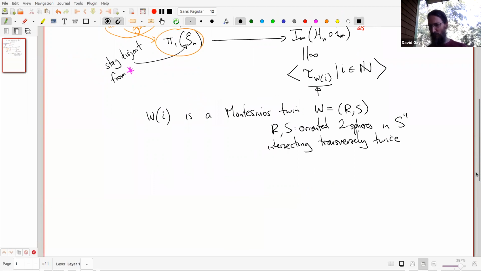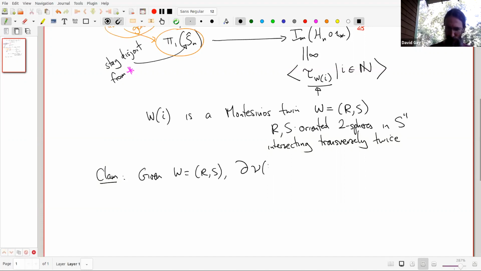Okay, so what's the picture? The first claim is that given W equals this pair R, S of oriented two-spheres intersecting transversely twice, the boundary of a neighborhood of R union S is diffeomorphic to a 3-torus.